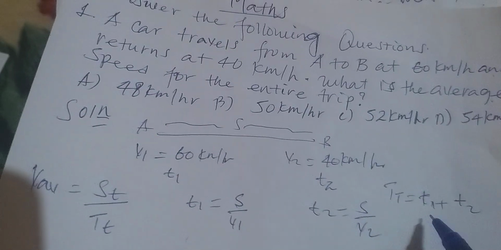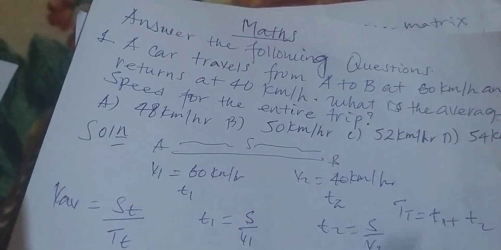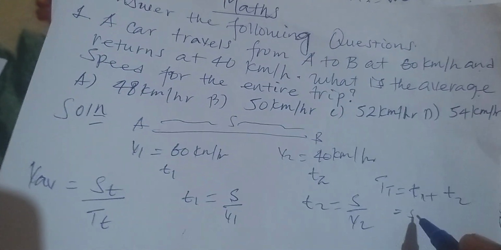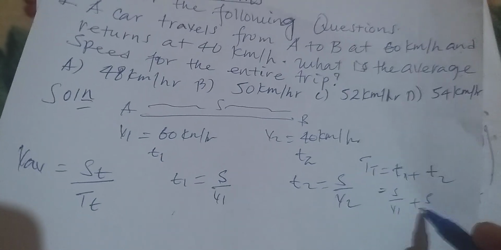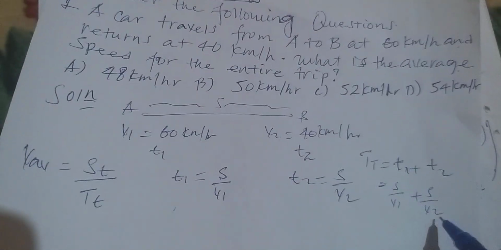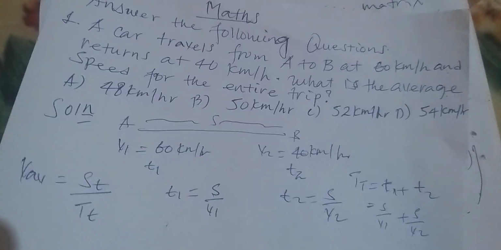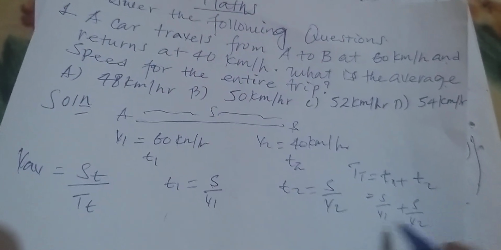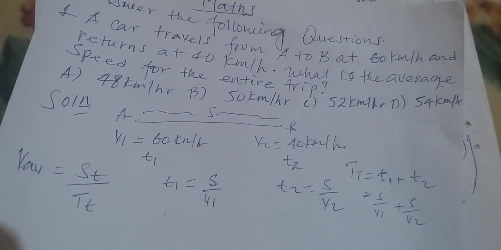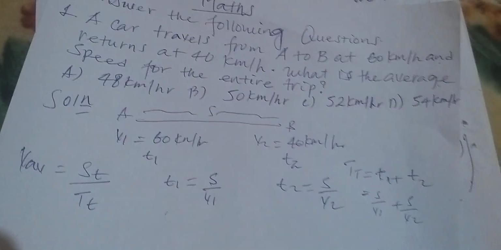T1 means S over V1 plus S over V2. The denominator is V1 and V2, so the LCM is V1 V2.